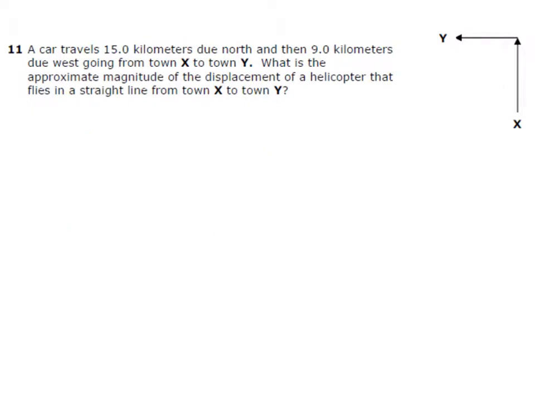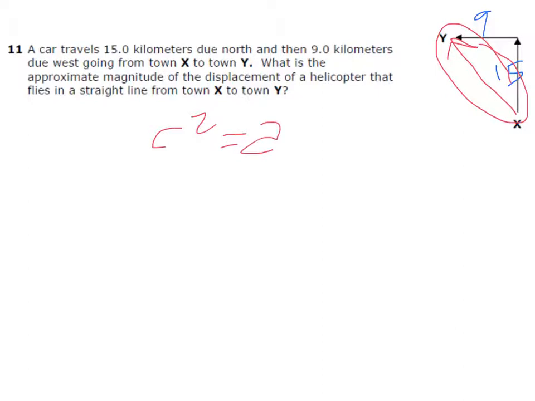Next one, number 11, a car travels 15 kilometers due north, so that's 15 kilometers, and then travels 9 kilometers west. What is the approximate magnitude of the displacement of a helicopter that flies in a straight line? So flying in a straight line, of course, we go right here. So we shortcut, and this is just the hypotenuse of a triangle. If you remember Pythagorean theorem, c squared is equal to a squared plus b squared.